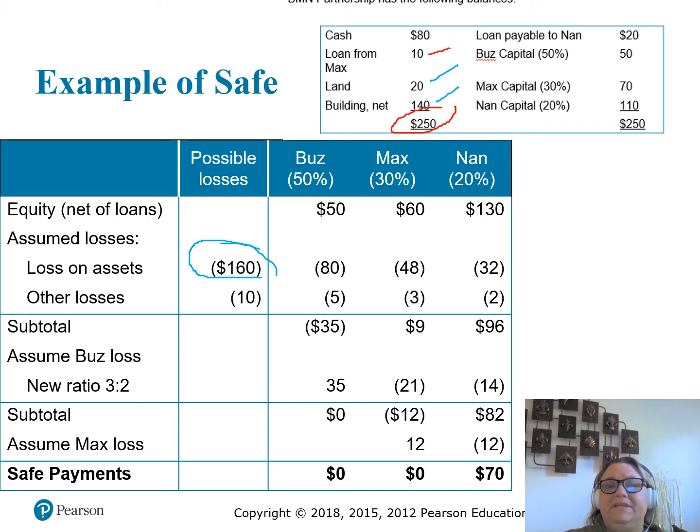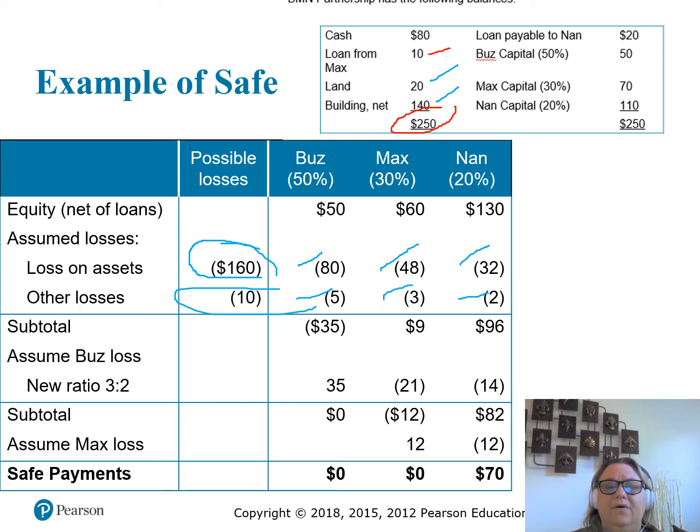So 50% to Buzz, 30% to Max, and 20% to Nan. So that part's really easy. Then the other loss is going to be the loan right here. We take that loan like a loss, 5, 3, and 2.